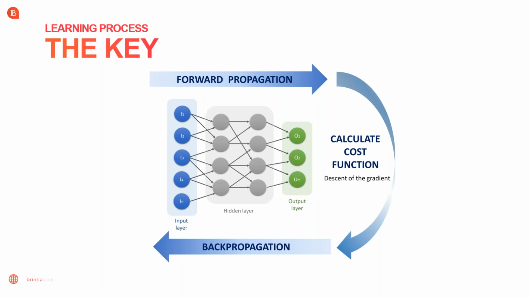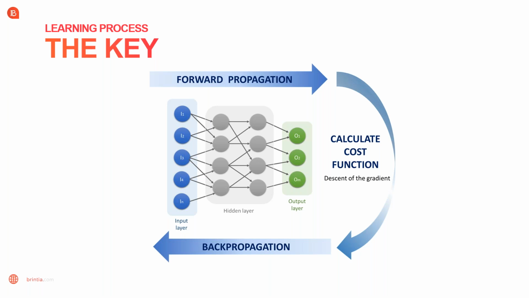This slide is the most important slide in the presentation because it explains the keys to the learning process. You can split the process into 3 parts. Forward propagation is a process for applying all weights and interconnections from the input layer to the output layer.